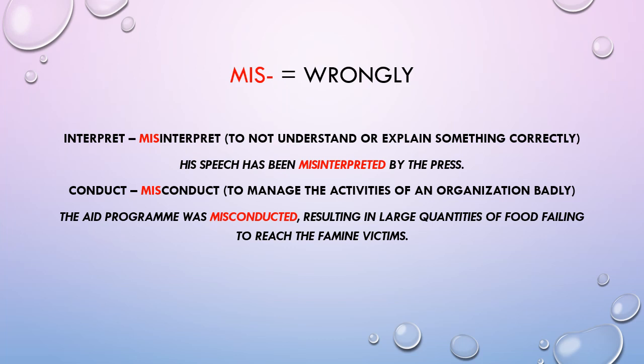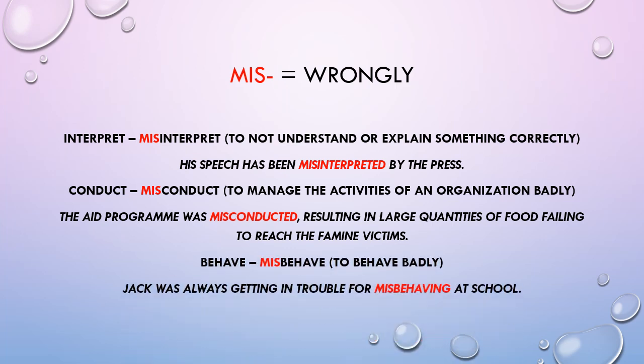The aid program was misconducted, resulting in large quantities of food failing to reach the famine victims. Another example, behave, misbehave. That means to behave badly. Jack was always getting in trouble for misbehaving at school.